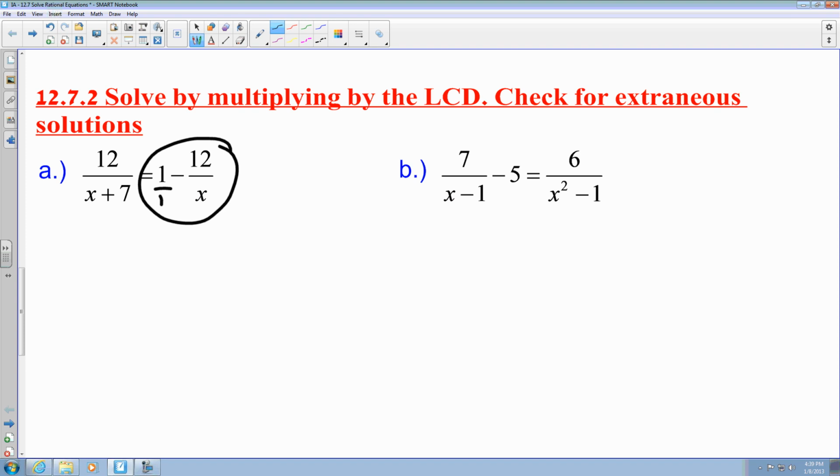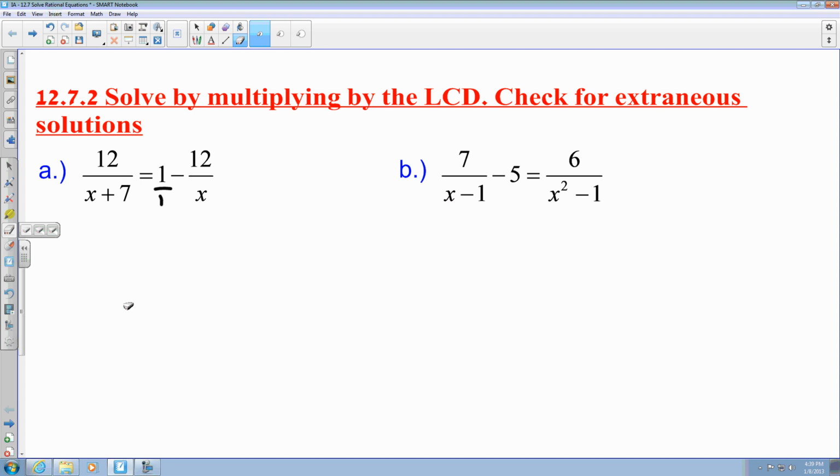And what I want, my goal in this case, is to be able to combine those terms so I can cross multiply like I did for the examples up top. So the right side of my equal sign is where I don't have an equal denominator.